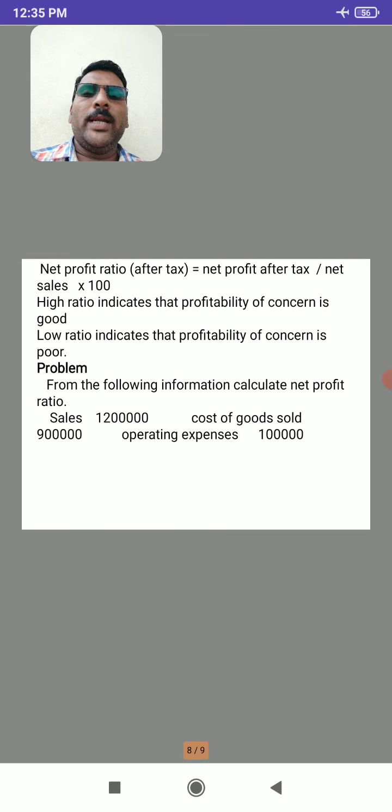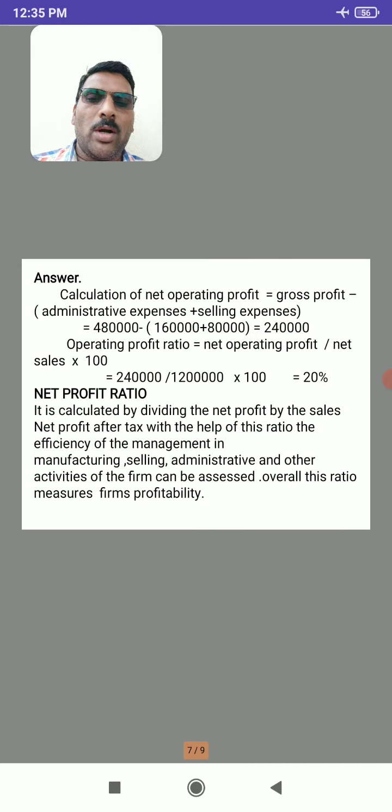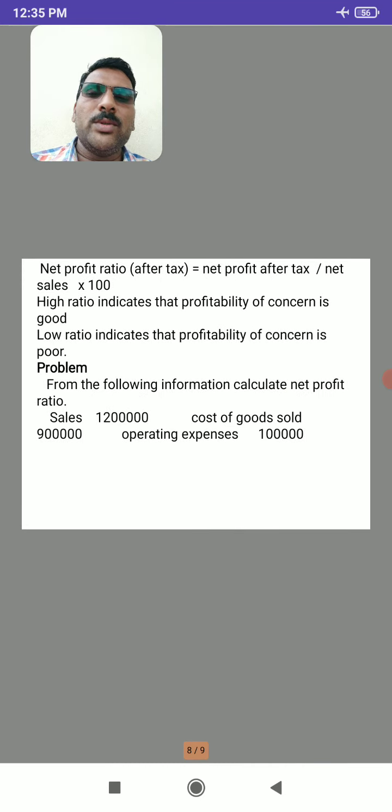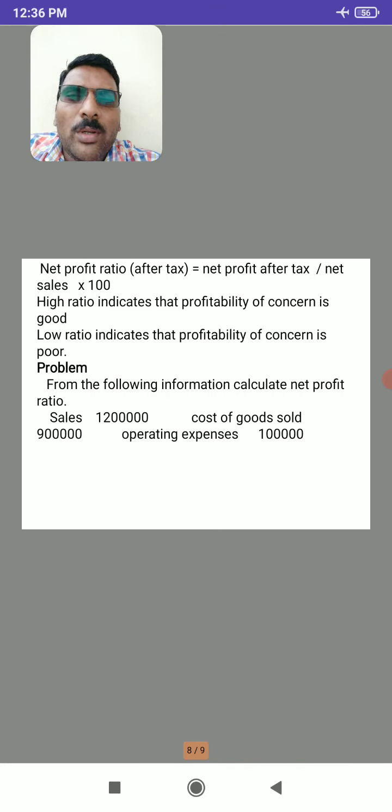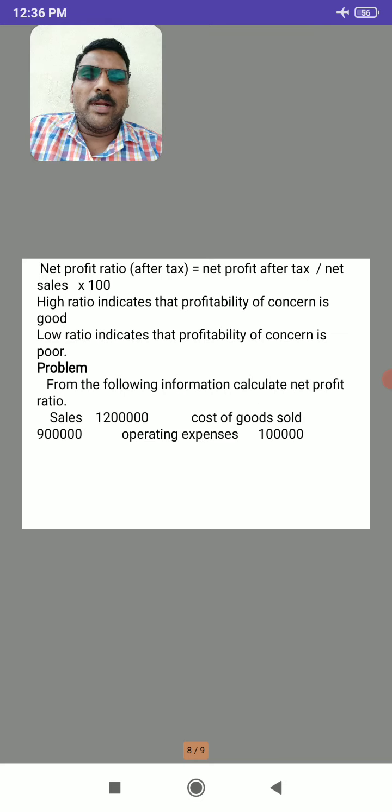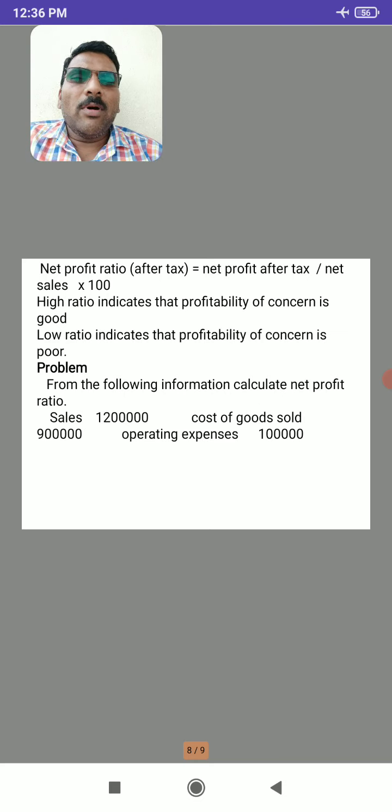The net profit ratio after tax is calculated using the formula net profit after tax divided by net sales into 100. If there is a high ratio, it shows the profitability of the concern is good. If it is a high ratio, automatically it shows that the profitability efficiency of the firm is high.